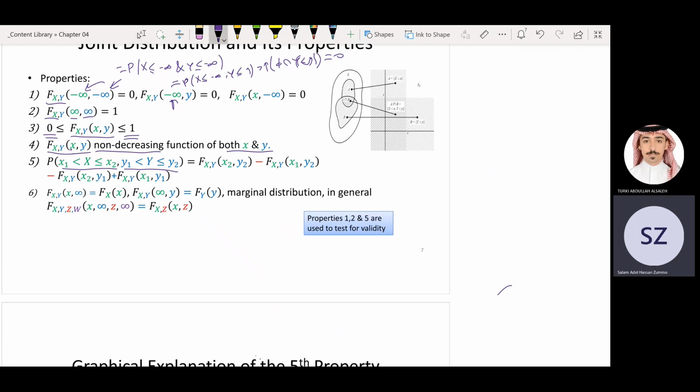You find that this is equal to F_XY(x2, y2) minus, what was its color there? The green one, at (x1, y2) and (x2, y1), and then adding to it the part that we subtracted twice, and there is a plus here.